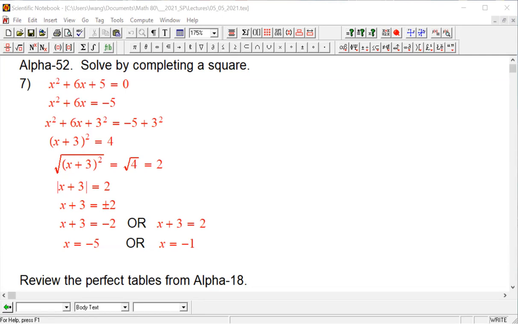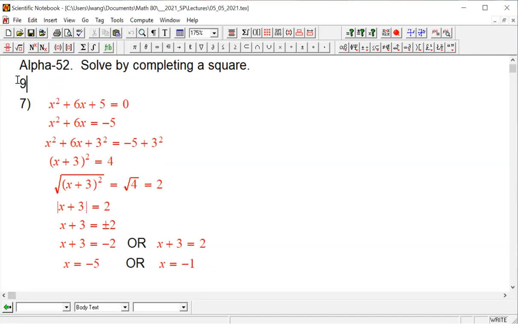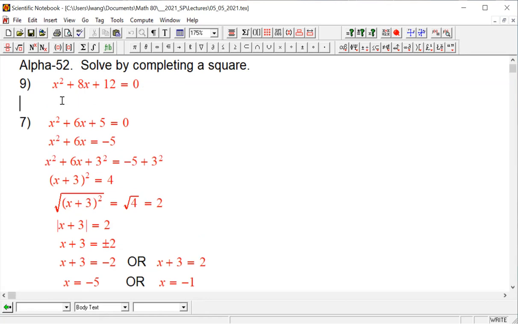Now I want you guys to try one more. Francisco just did x plus 4 squared. For that, I want you to try number 9, where you already have x squared plus 8x plus 12 equals 0.